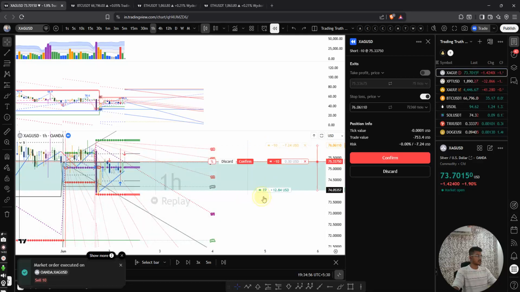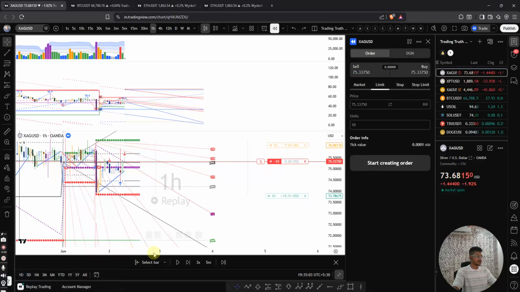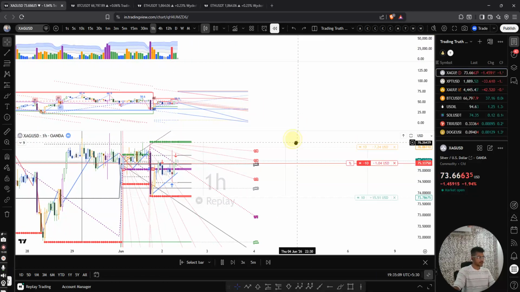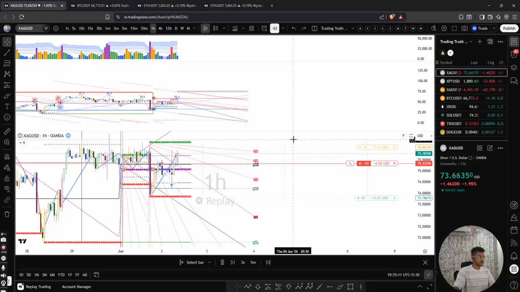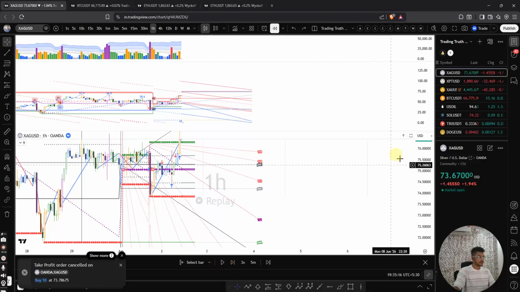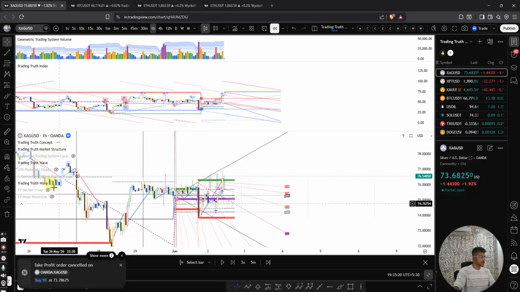Put my stop loss there. Take profit around here. Okay. Or the SL got hit. Yeah.